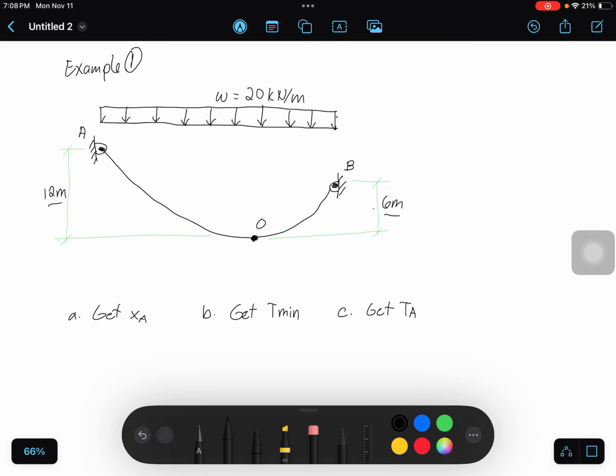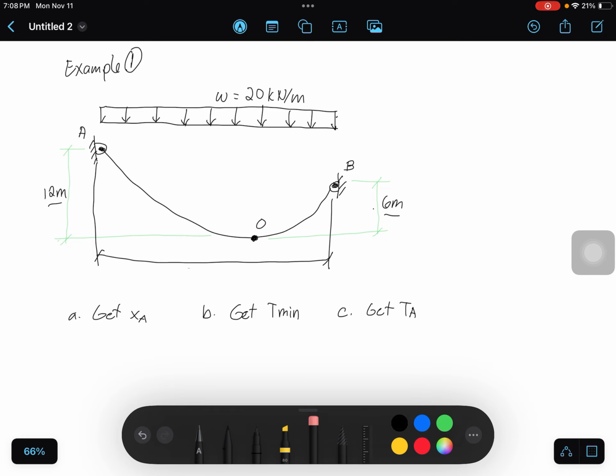Walang XA, walang length. Nasa parabolic na. Okay. Meron tayong length dito. Let's put the given. May 30 meters length. Hindi binigay ang XA.